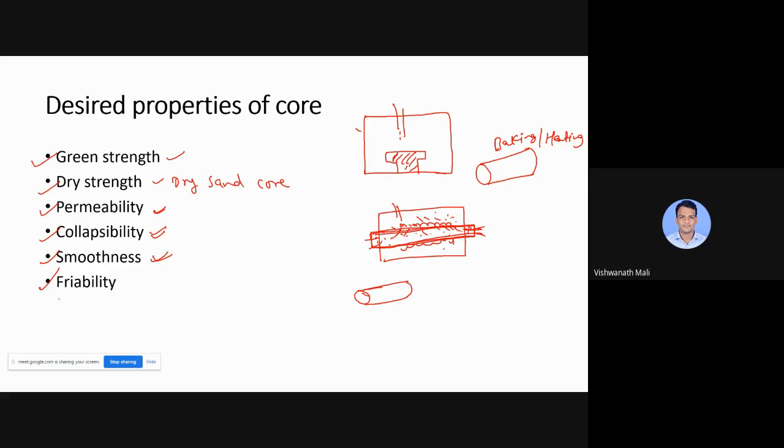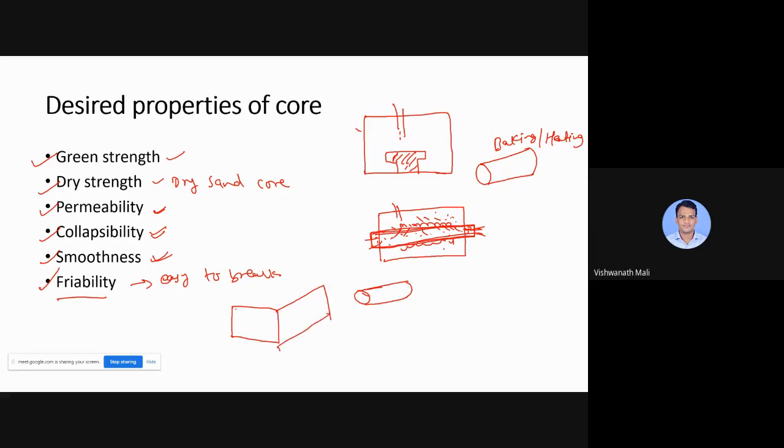And the last property is very important: friability. What is friability? It should be easy to break. After getting the part, let's suppose this is our casting.